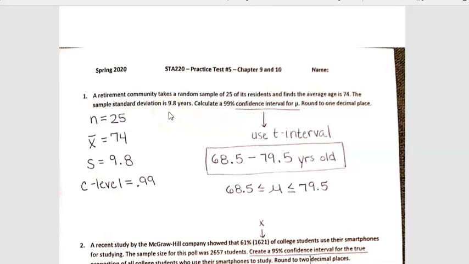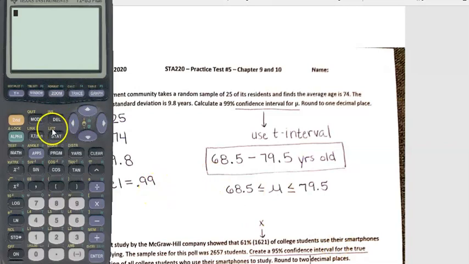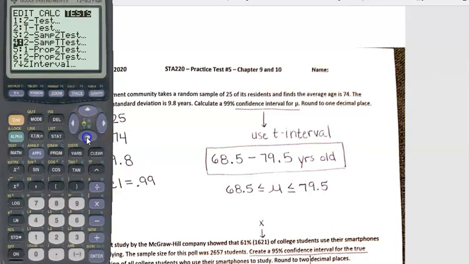So the important data I put over here: we have a sample size of 25, we have a sample mean of 74, sample standard deviation of 9.8, and we want a 99% confidence interval. So our confidence level is going to be 0.99. So if I go to my calculator here, I'm going to go to the t-interval.